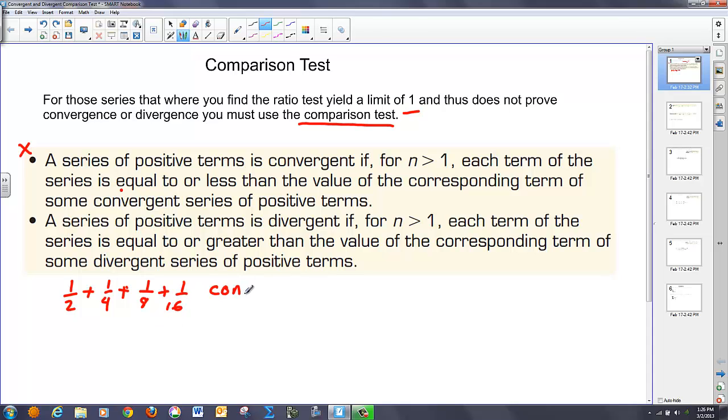I could find that out. And I want to compare the series in blue against that. And let's say the series in blue is a 10th, a 20th, a 40th. This is fairly obvious, but I'm giving you the example anyways.